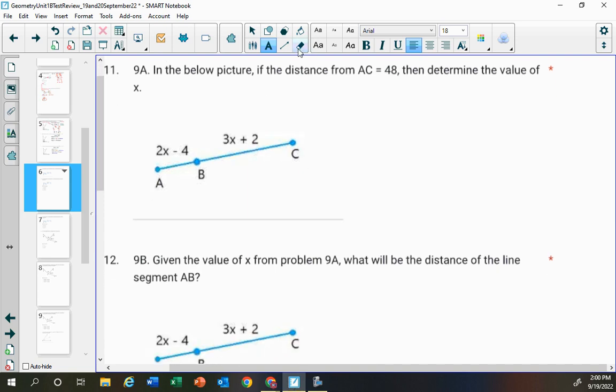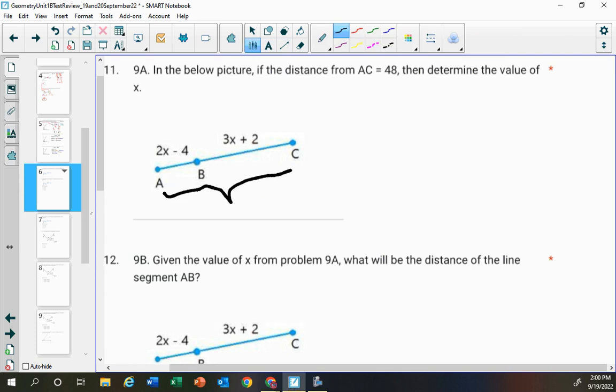This entire distance from A to C. This is what we mean by A to C. This entire distance is 48, from A all the way to C. Total amount is 48.